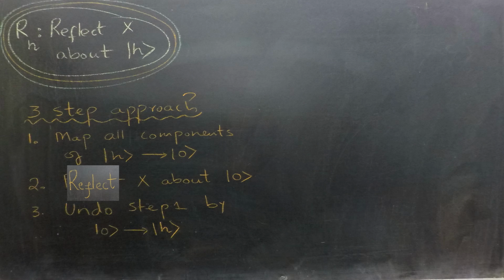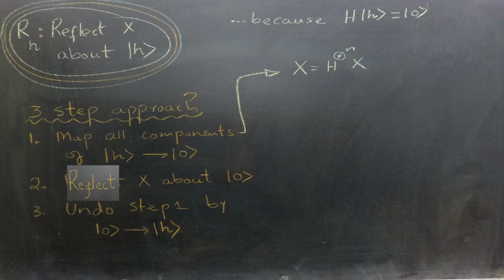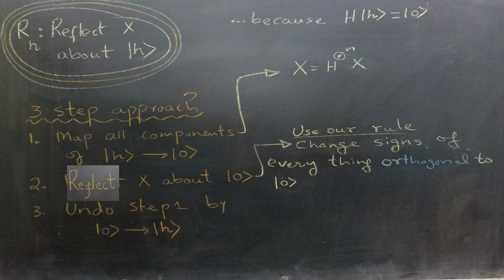The first step can be executed using Hadamard gates, as a Hadamard gate is its own inverse. In the second step, we need to negate the sign of each component orthogonal to ket 0. Interestingly, everything except ket 0 is orthogonal to ket 0.